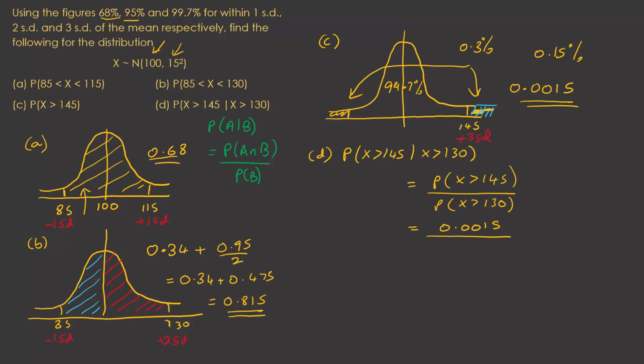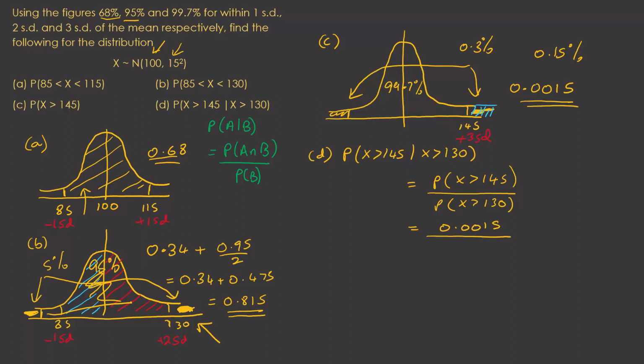So for 2 standard deviations to be above that, greater than 130 would be this area over here if we look at this diagram. And we can do a similar sort of thing we did over here. So if we had the symmetric area down here, because we know in between those we have 95%, that means 5% is distributed between the 2 ends.